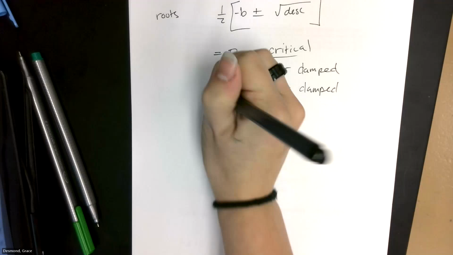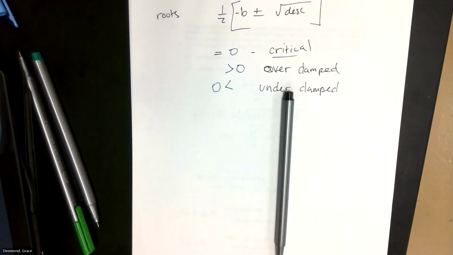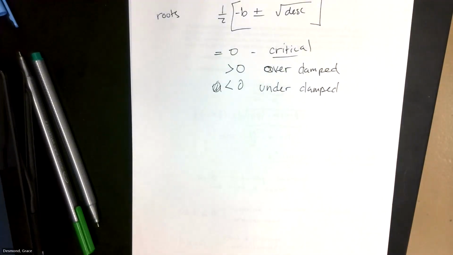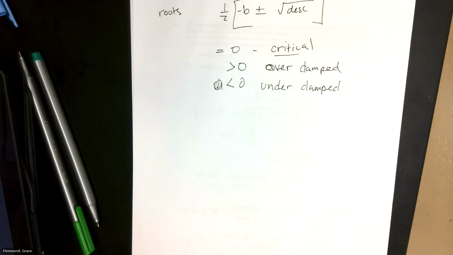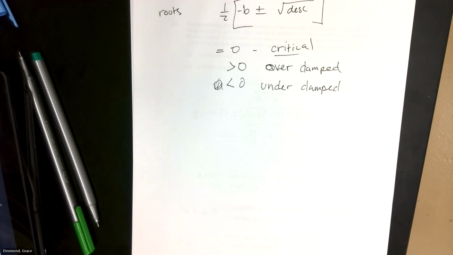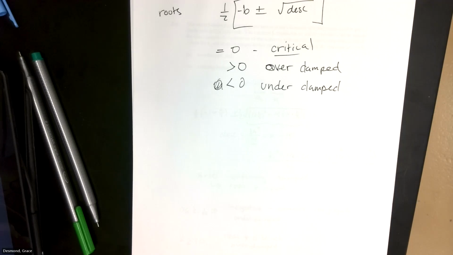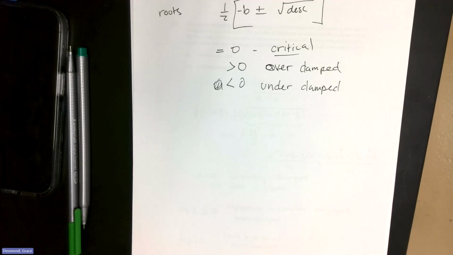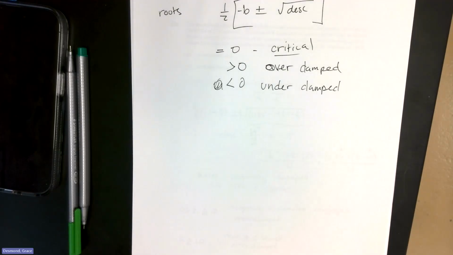Undamped is what we were looking at on the other question, where it was A or B. That makes sense.